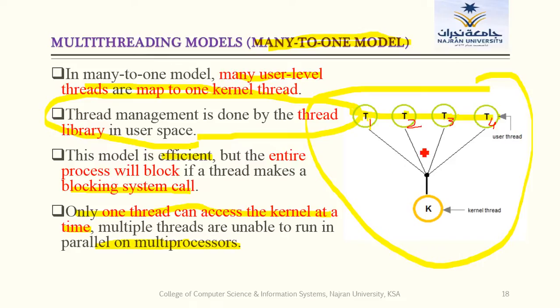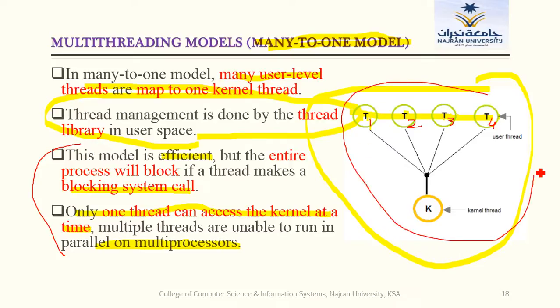So this model is very efficient and very easy, but we have two main disadvantages. If one thread is blocked, the whole process will block, because these threads belong to one process.